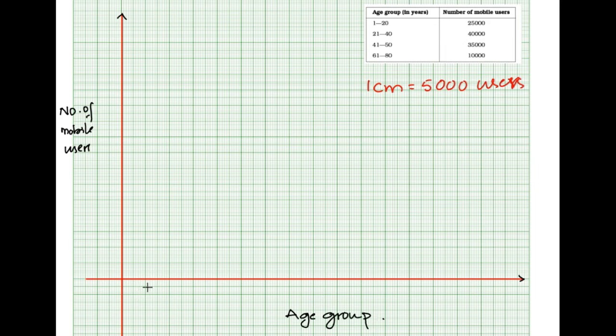The first age group is between 1 to 20. The next age group is between 21 to 40. The next age group is between 41 to 50. The next one is between 61 to 80.